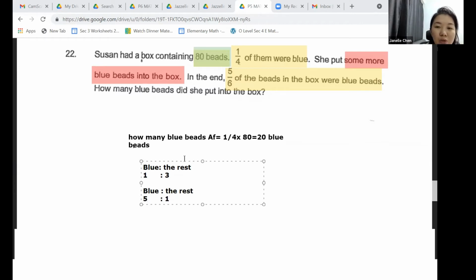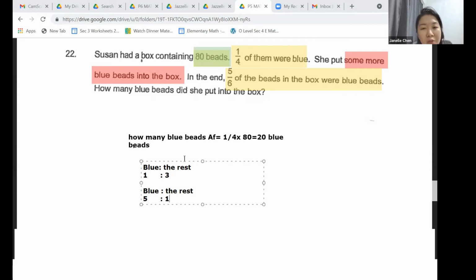Please note that for questions where we are doing the ratio method, it's very clear cut. It's either you find something that is constant in the question or you are doing part and unit. That's the reason why I like to do ratio a lot, because I think it's clearer for students to remember that once you do the ratio method, the only thing you will be focusing on is to find the constant.